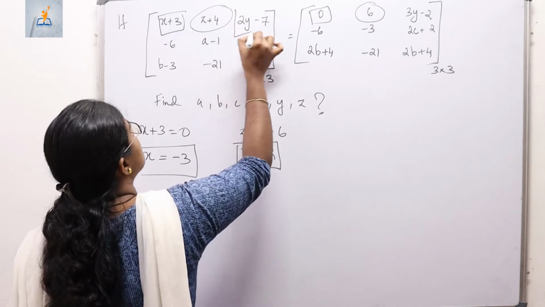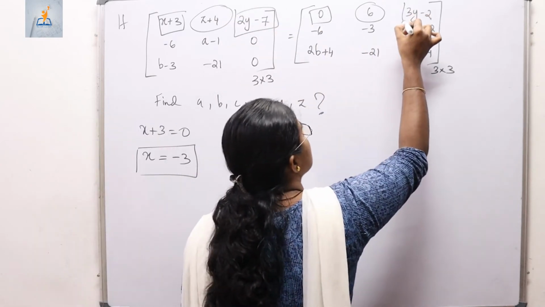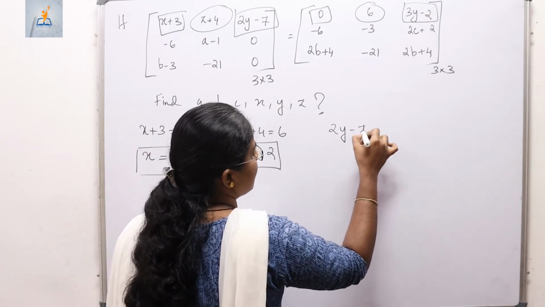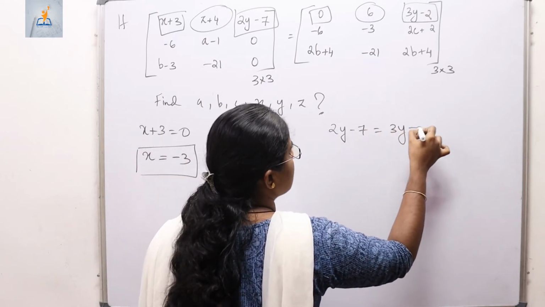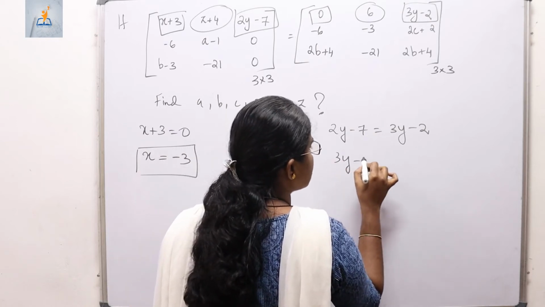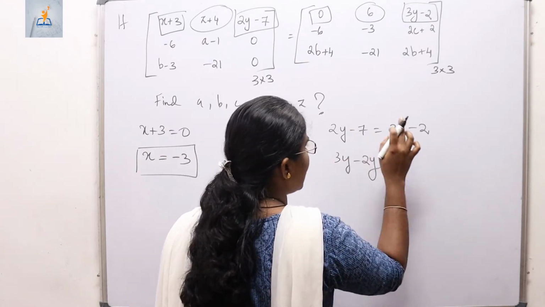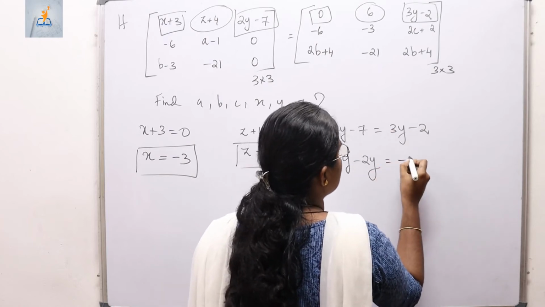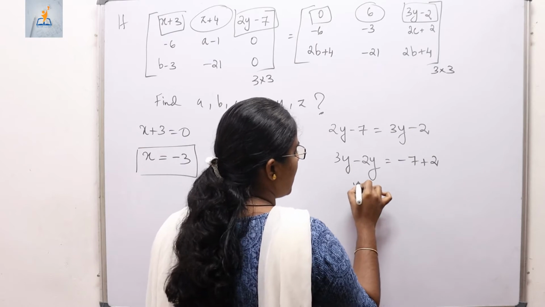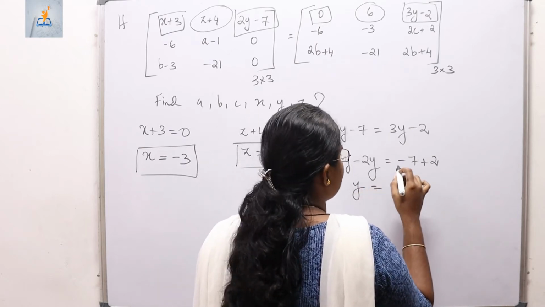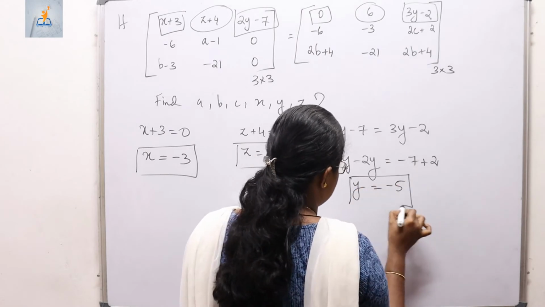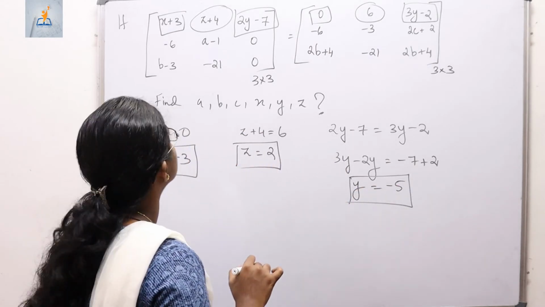Again we have 2y minus 7 is equal to 3y minus 2. Solving this, we have 3y minus 2y, taking 2y to this side, is equal to minus 7 plus 2. So y is equal to minus 7 plus 2, which is simply minus 5. So we got y equal to negative 5.